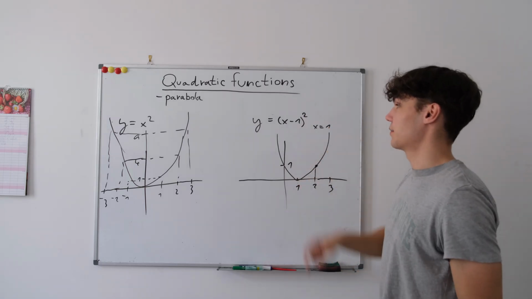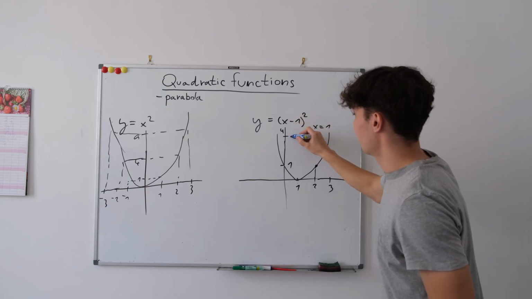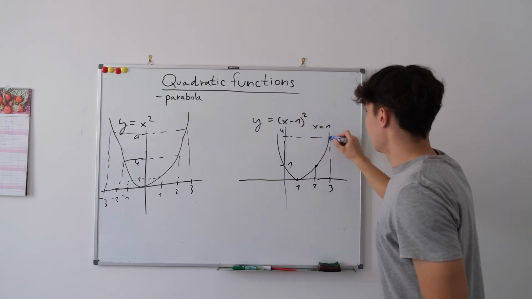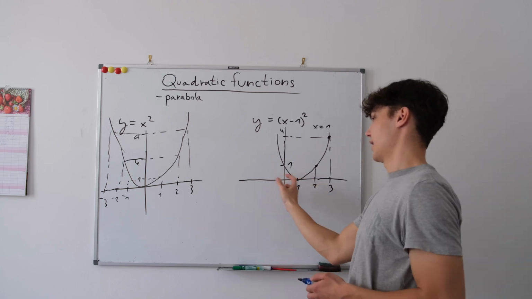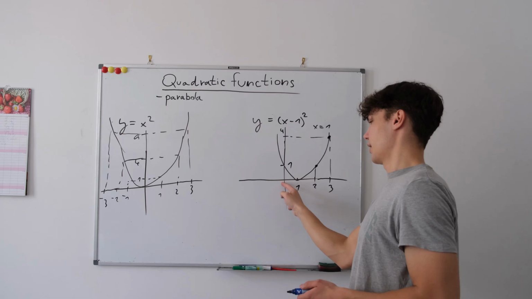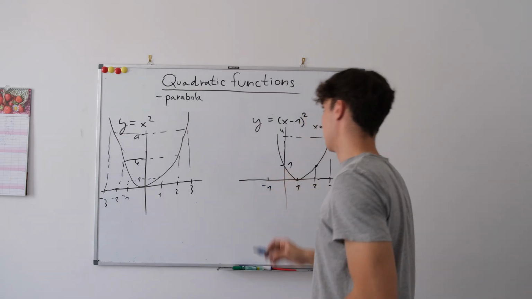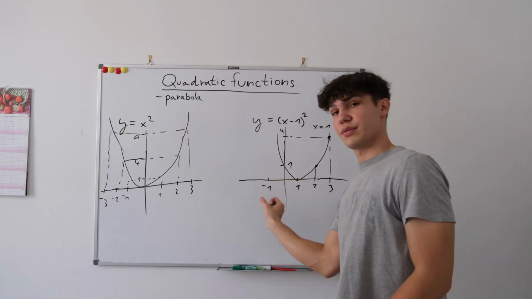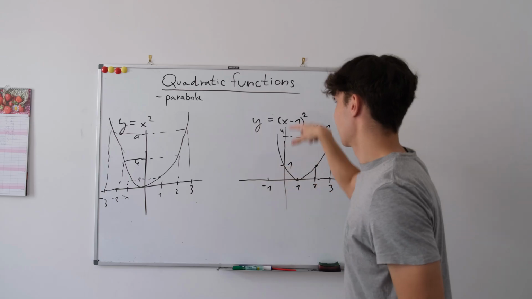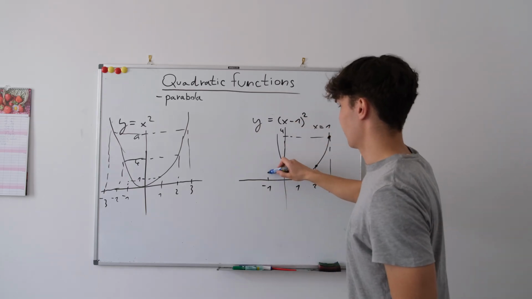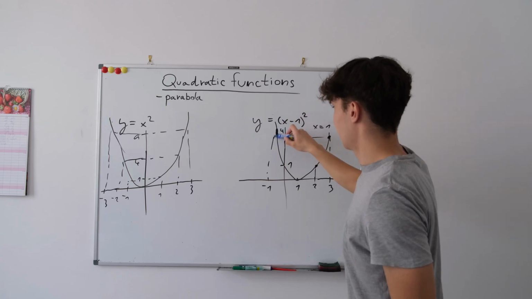So 2 to the second power, that's 4. We can write it down here. And for the left side, we found out that it crosses at 1 when we go 1 to the left. And if we go to minus 1, that's like minus 1, minus 2, right? And minus 2 to the second power, that's going to be 4 as well. So it crosses the line somewhere here, right?